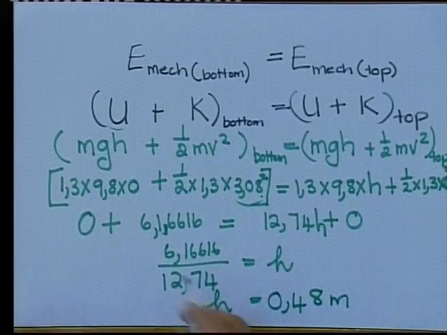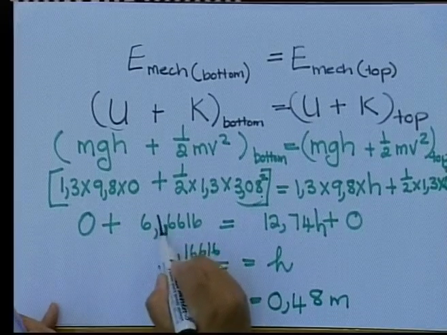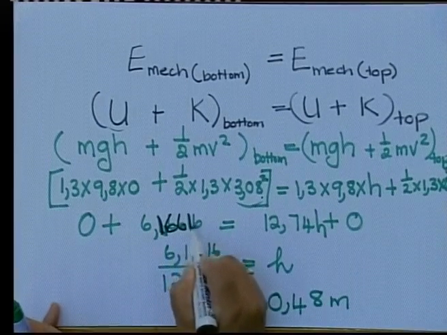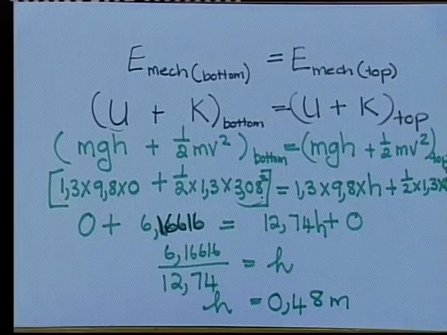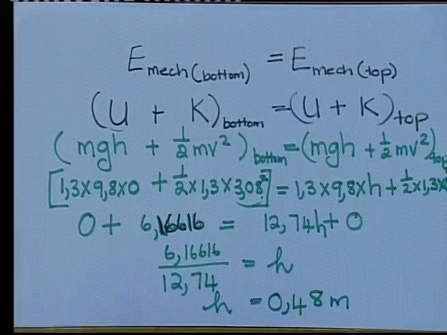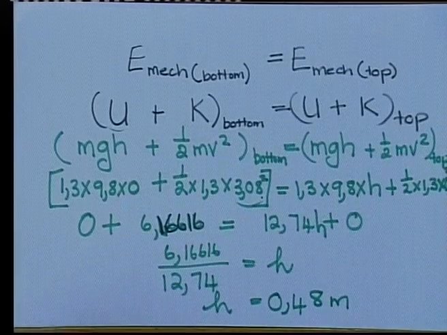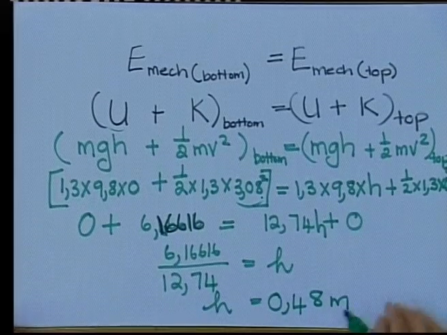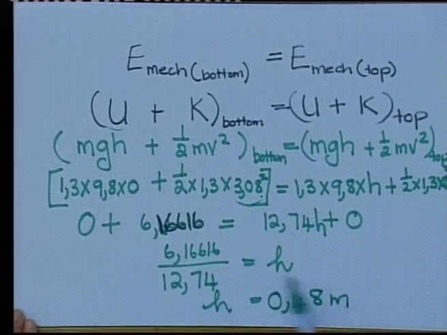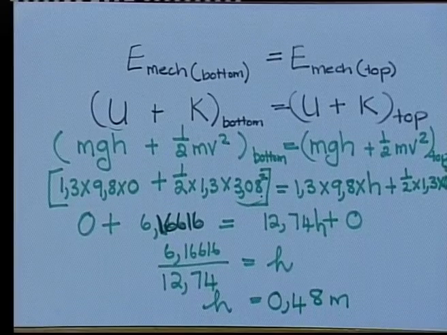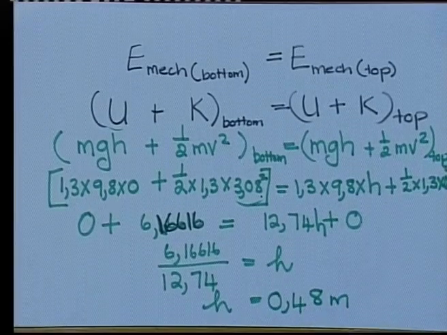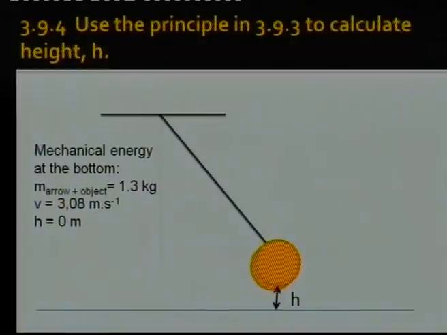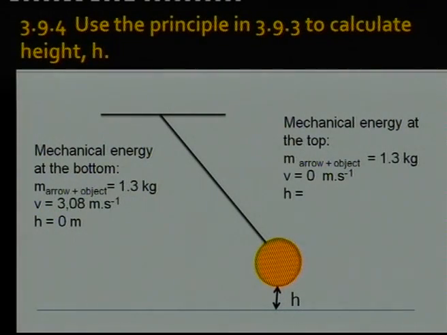Right, your answer here I said is 6,16616. So that will give us the height to where the object is going to go. And remember what principle we've used here? Conservation of mechanical energy.